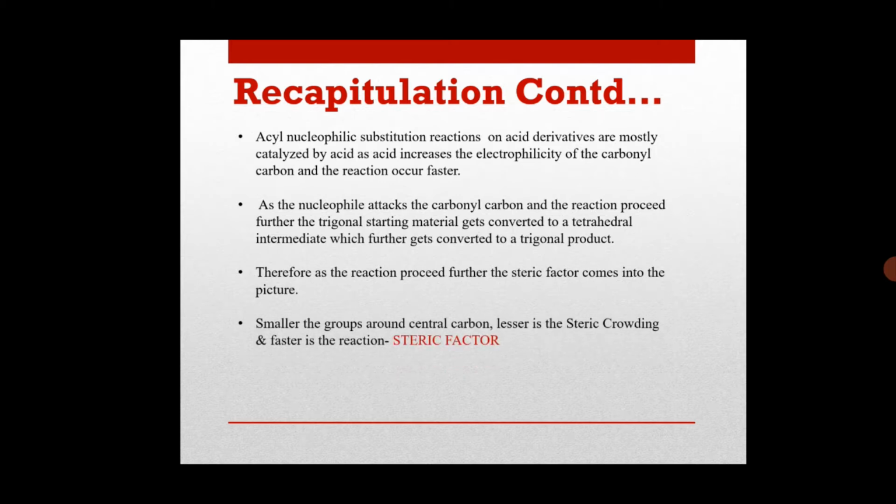The smaller the groups around the central carbon, the lesser is the steric crowding and the faster is the reaction. This is called the steric factor. Therefore, acyl nucleophilic substitution reaction on acid derivatives depends on two factors, one electronic and the other steric.